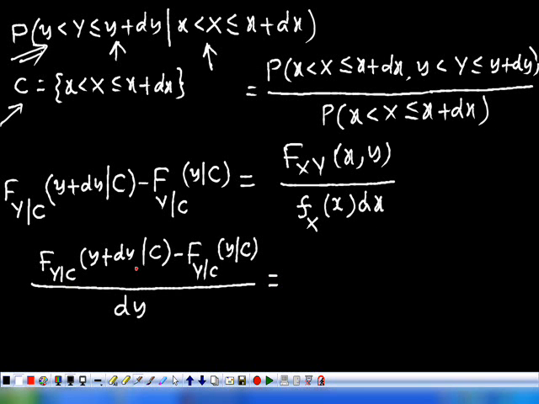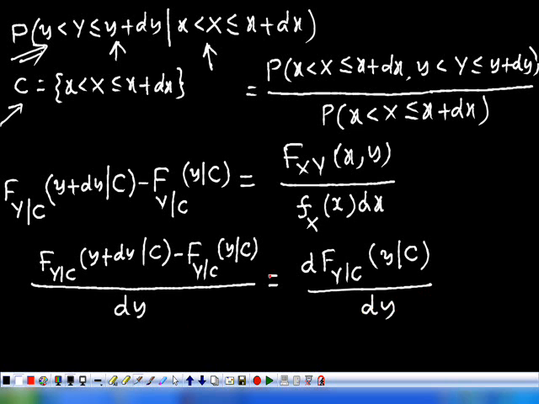See, this is the derivative of this. Can I write this as d Fy given C, y given C? Is it right?